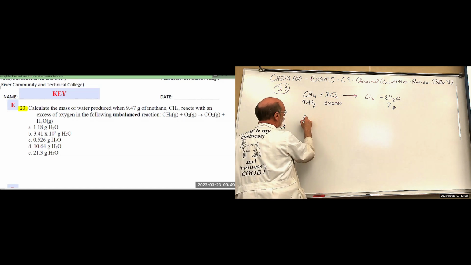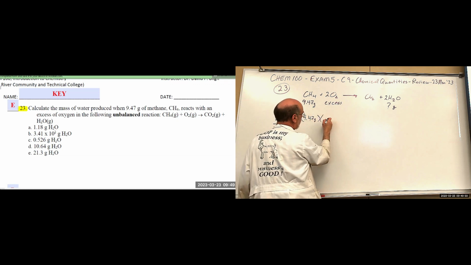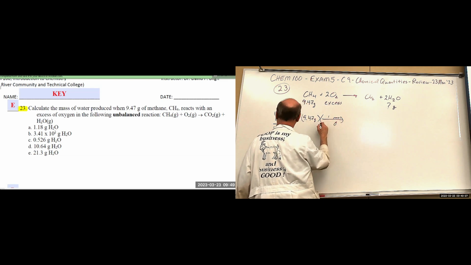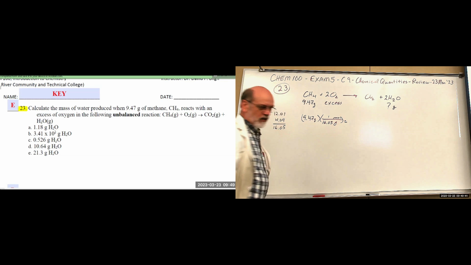16.05. So now we can convert that many grams of methane into moles. So how many moles of methane are we talking about here? 9.47 divided by 16.05. 0.5900.